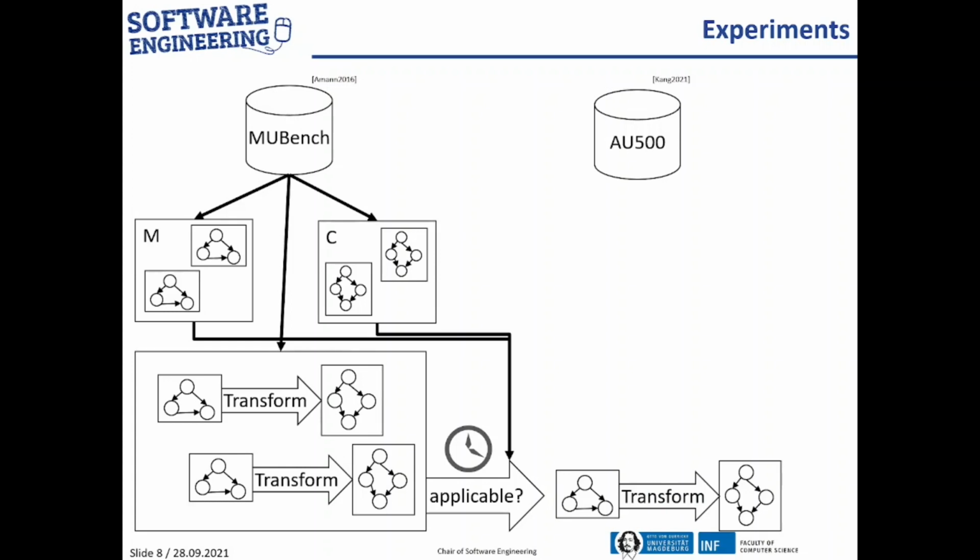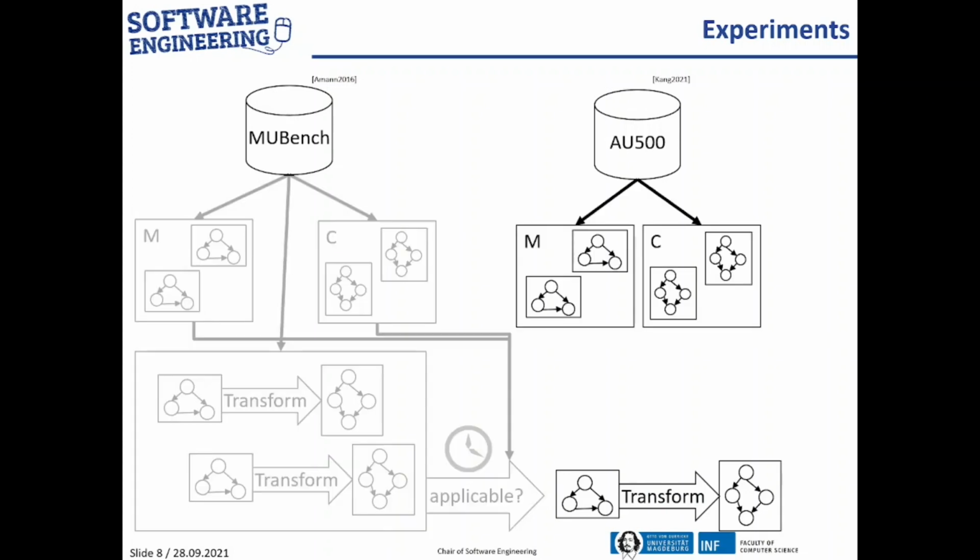And here we also measured the time needed to compute the distance values. Then we used all applicable rules and generated the AOGUs for all misuses and correct usages of the AU500 dataset and checked whether these represent a misuse based on our distance-based misuse detection condition.